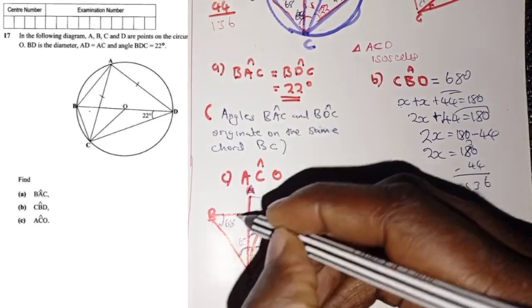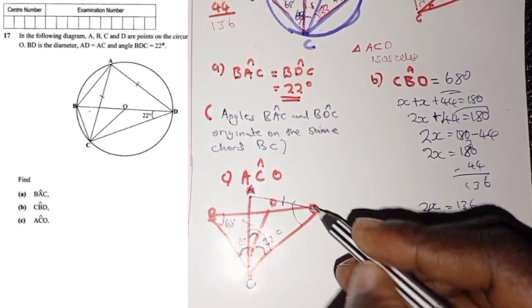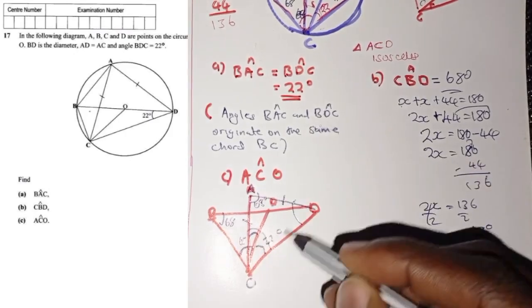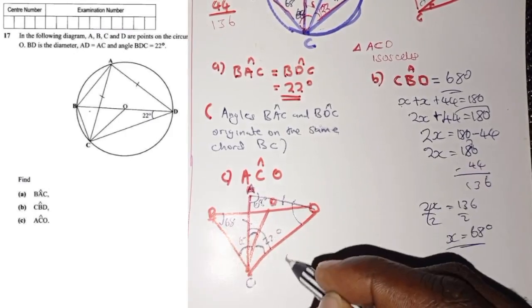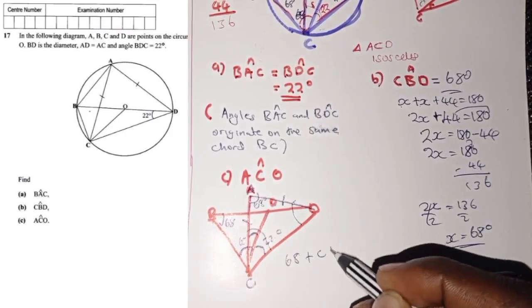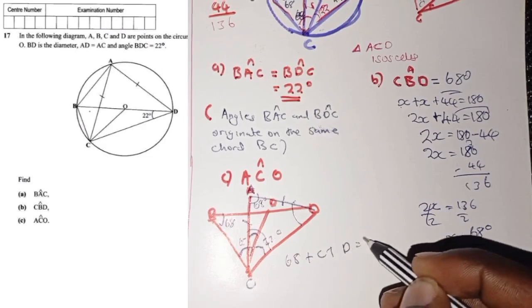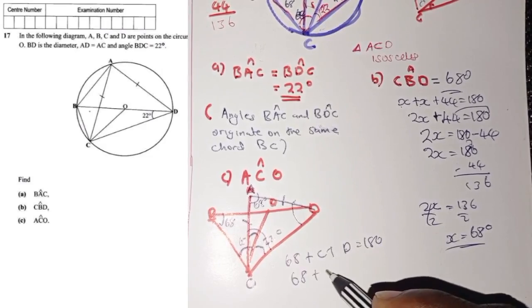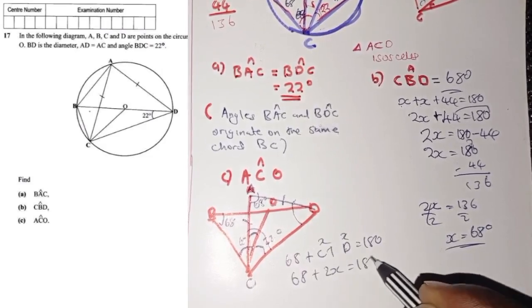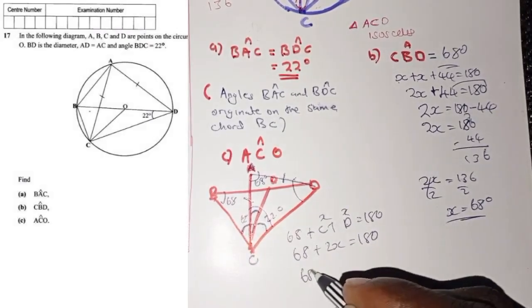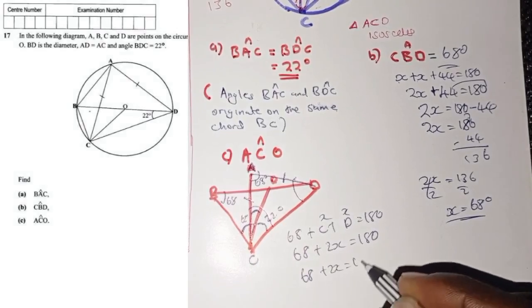This is an isosceles triangle, so this one and this one, also originating from BD, are equal. So this means this is also 68. So you can find for this. You're going to say 68 plus C plus D should give you 180. Now these are equal, so if this is x, this is 2x. So 68 plus 2x is equal to 180.